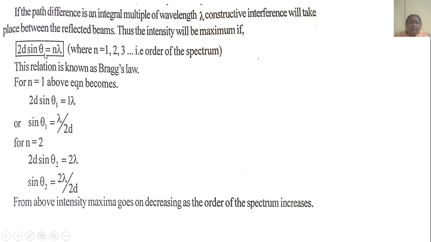For n equal to 1, we get 2d sin theta 1 equal to lambda, that is sin theta 1 equal to lambda upon 2d. For n equal to 2, 2d sin theta 2 equal to 2 lambda, and therefore sin theta 2 equals 2 lambda upon 2d. The intensity maxima go on decreasing as the order of spectrum increases.